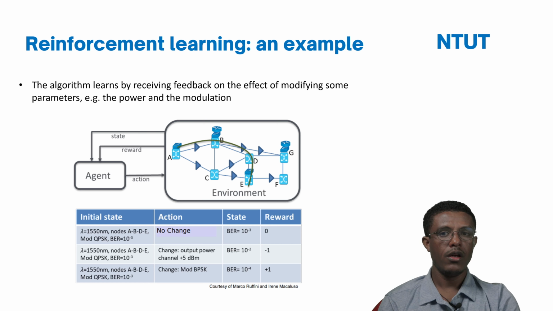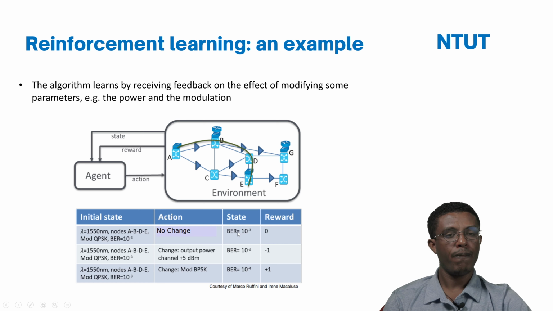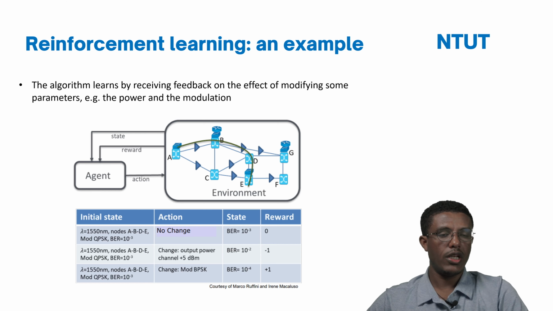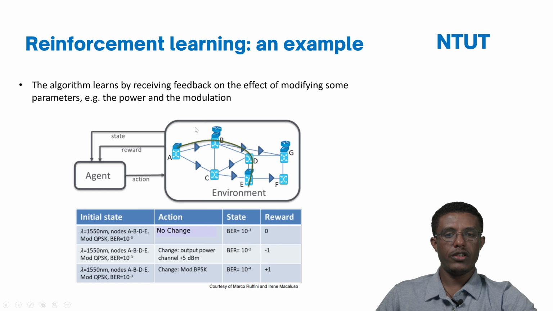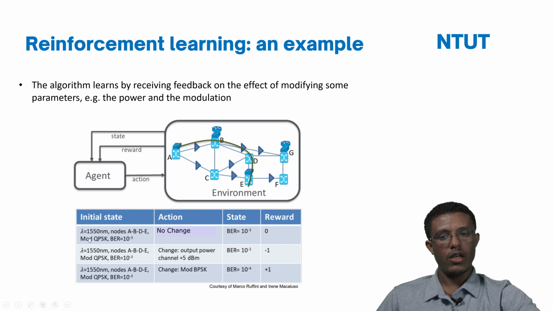So this is how reinforcement learning works: by changing different parameters, we see what the punishment or the reward is. Then next time the agent and the environment communicate, and they understand and learn from that. When we change something, it compares against the initial one.